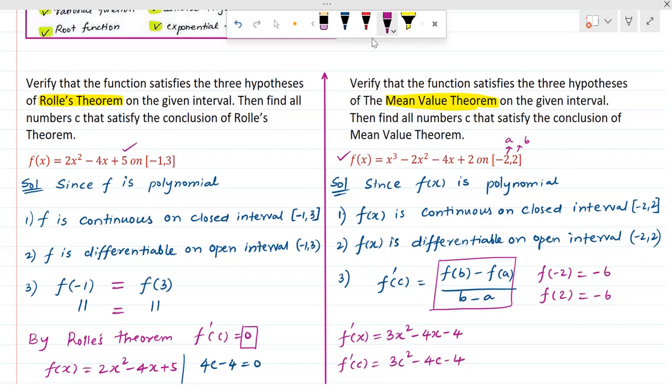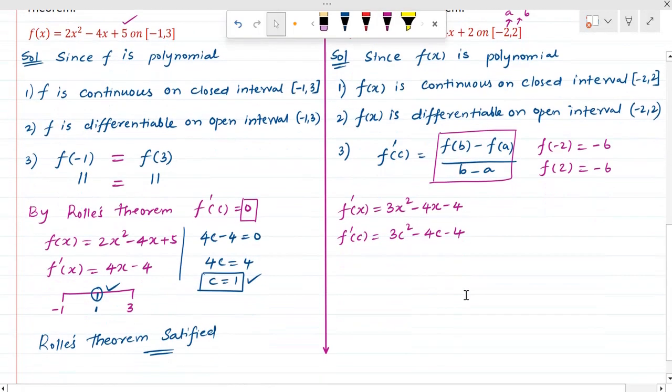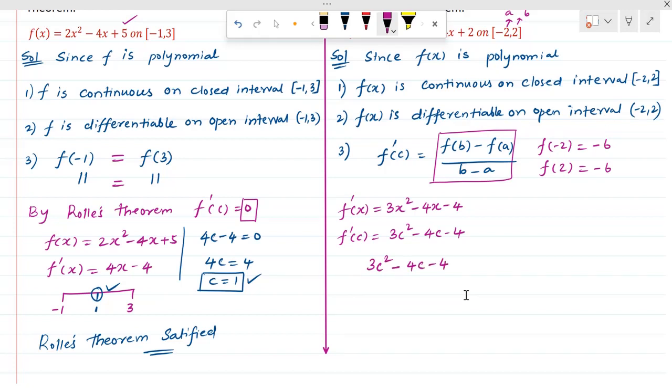And then I just substitute the value here. So 3c squared minus 4c minus 4 is equal to, what about the f of 2? In place of this, I just replace it in terms of the given interval. So I write f of 2, the b, minus f of minus 2 over 2 minus of minus 2, it becomes plus 2.